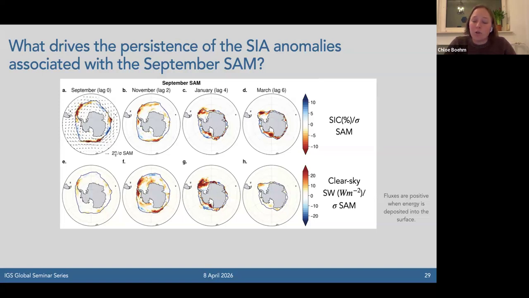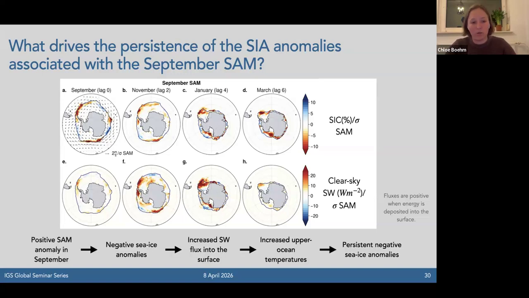But I think it's nice to see that you do get the shortwave fluxes to line up nicely with the sea ice anomalies. It indicates that the timing of when these SAM anomalies are occurring is important, because you need that sunlight, that excess shortwave radiation into the ocean, to provide the conditions for persistent negative sea ice anomalies.